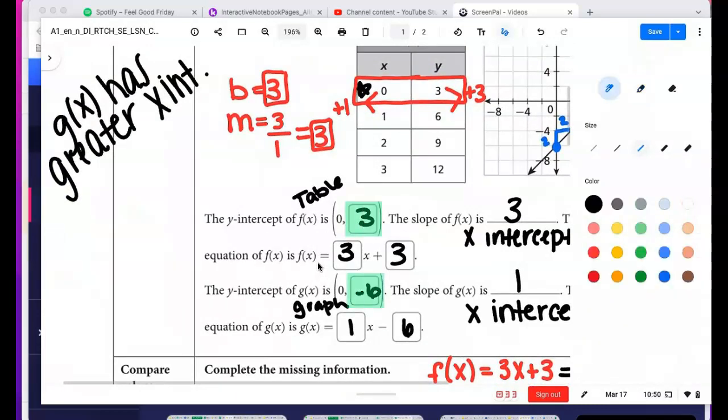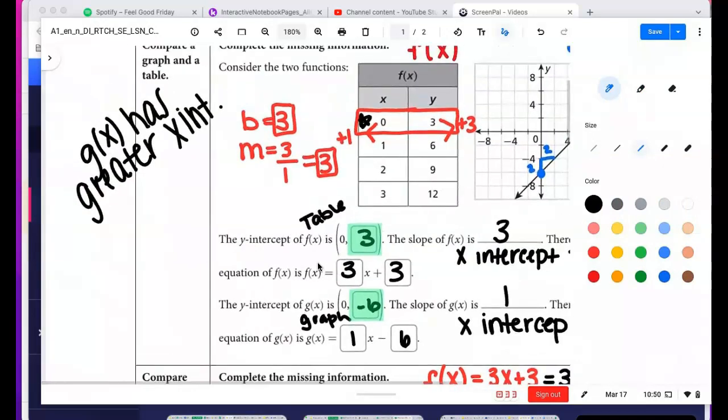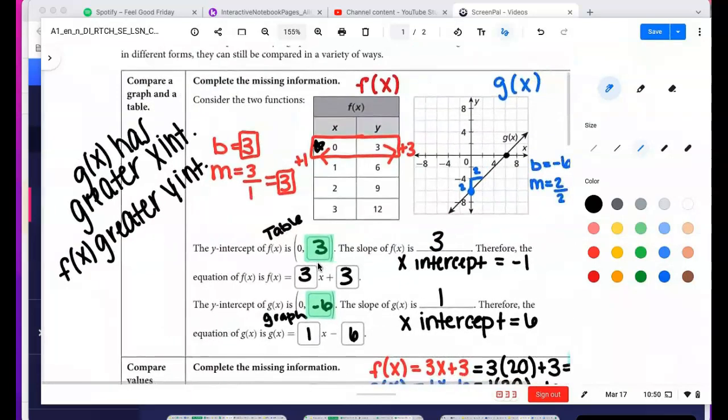So +3 is bigger than -6, so f of x has the greater y-intercept. And finally, let's compare the slopes. The slope of f of x was 3, the slope of g of x is 1, so 3 is bigger than 1, so f of x also has the greater slope.